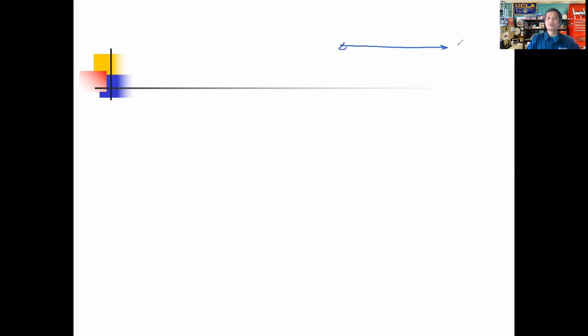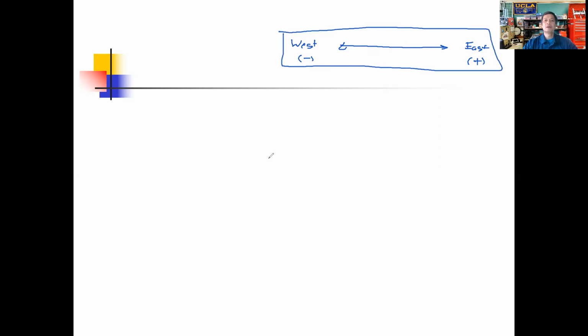East is towards the right, west towards the left, and if we follow convention, positive is towards the east direction, negative towards the west direction. So we're going to start out and make that our direction. All right, let's consider the very first case.